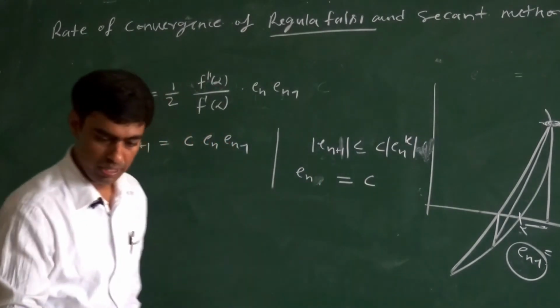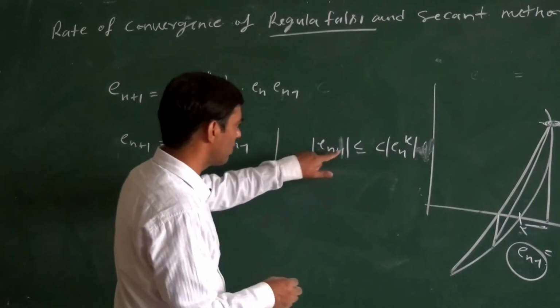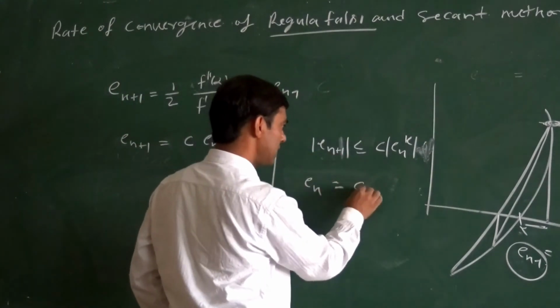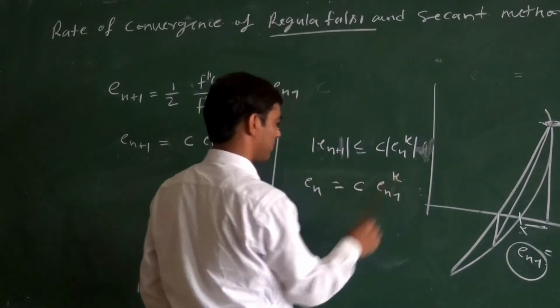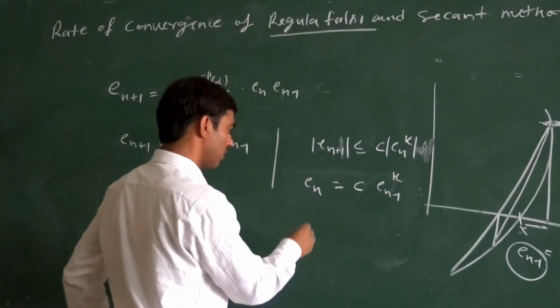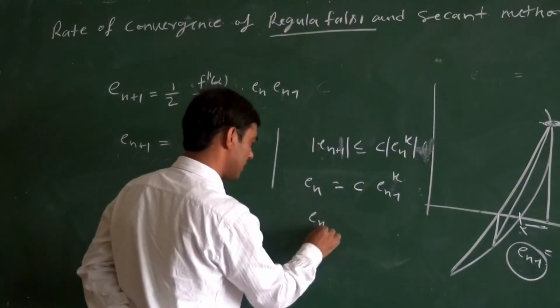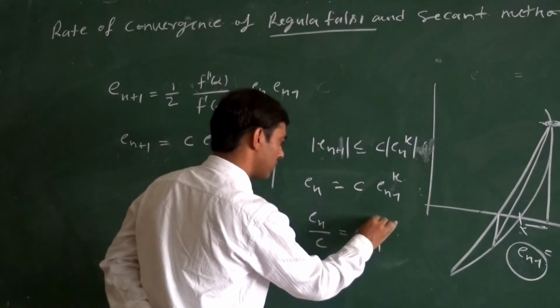In place of n, if we write n minus 1, then n minus 1 plus 1 becomes En. En equals C En minus 1 to the power k. So if we simplify this, En by C equals En minus 1 to the power k.